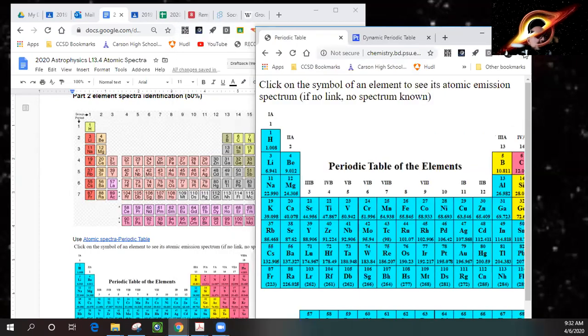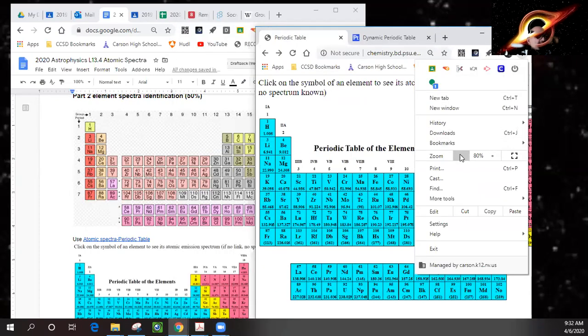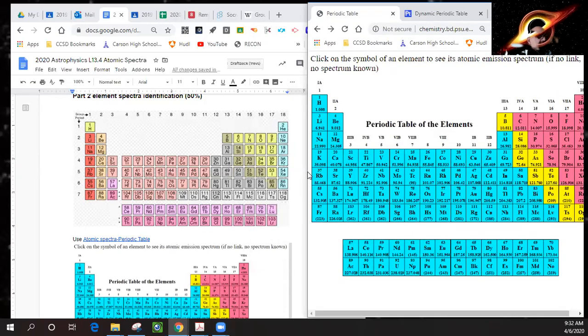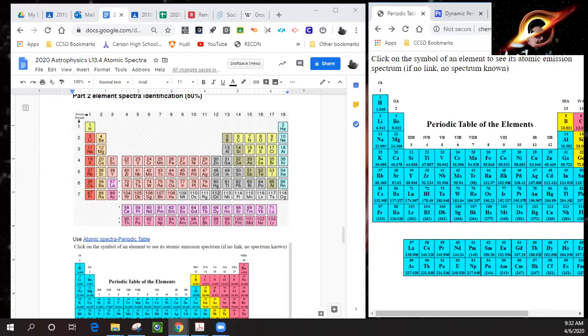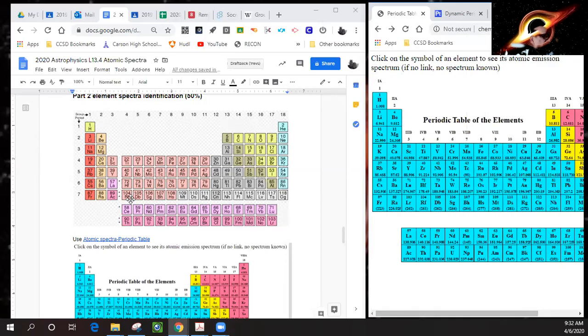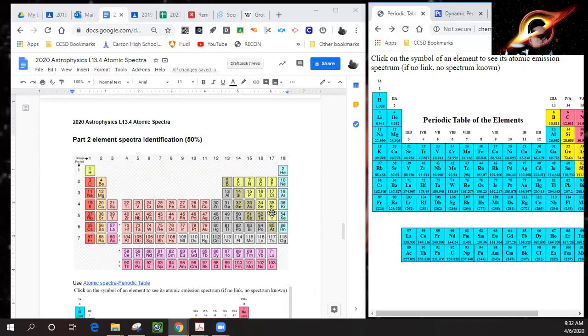Remember from the periodic table, this is group 1, group 2, group 3, all the way to group 18. Everything's grouped up in this periodic table.